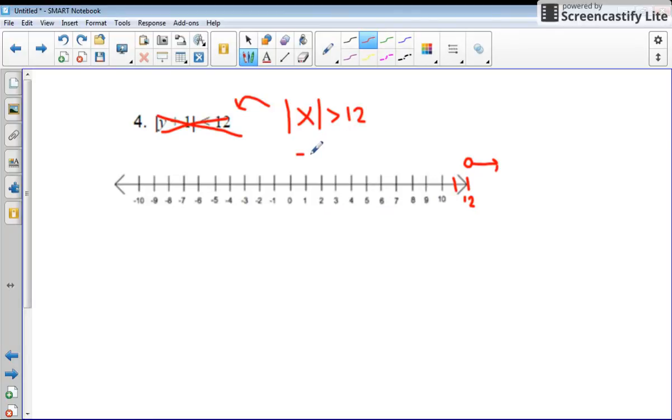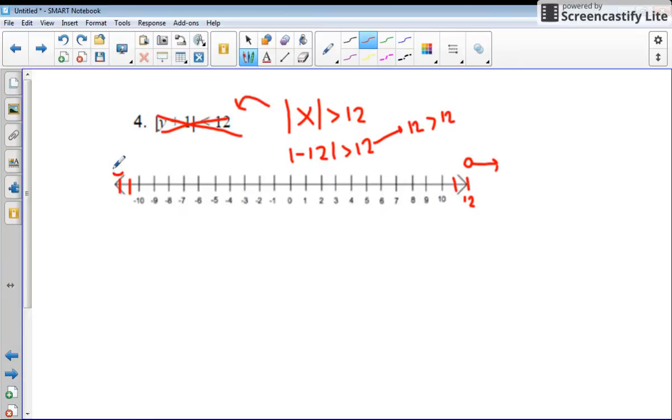And the answer to that is actually its inverse, -12. Now, when you think about this, this actually isn't a true statement because 12 is not actually greater than 12. However, 12.1 would be. And so we want to include values that are really close to 12. And the way we do that, of course, is by putting an open circle.